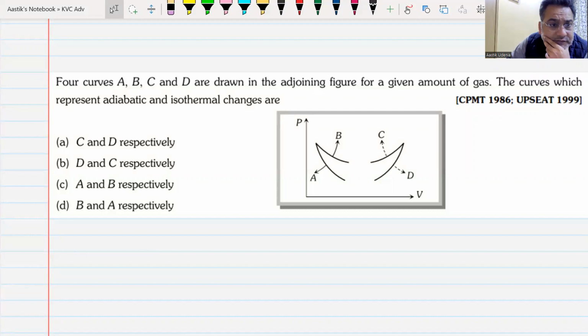Simple question. What is the answer for this one? Which graph represents what?